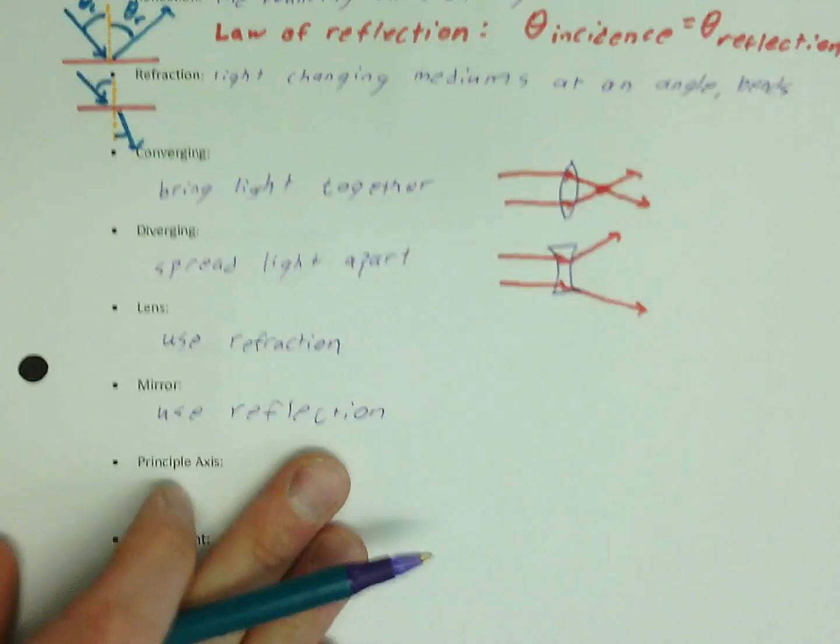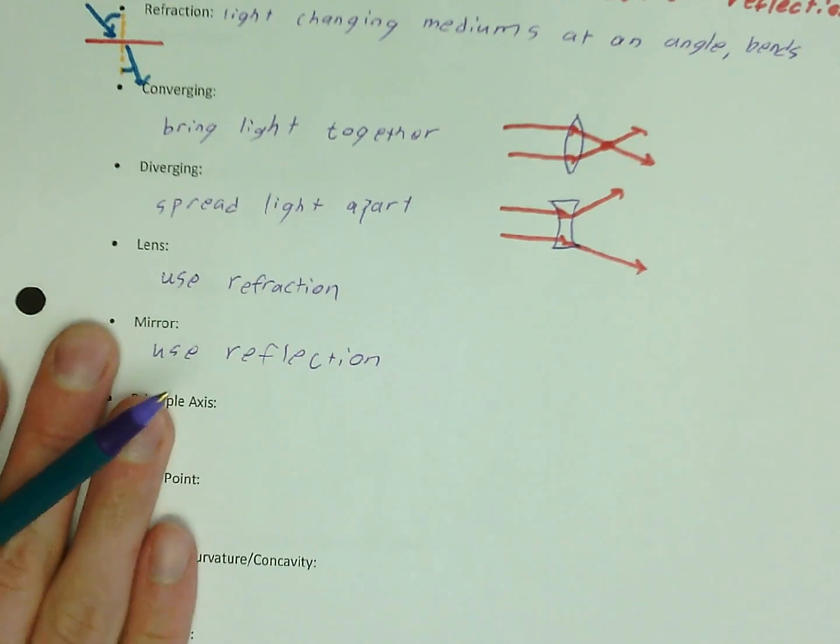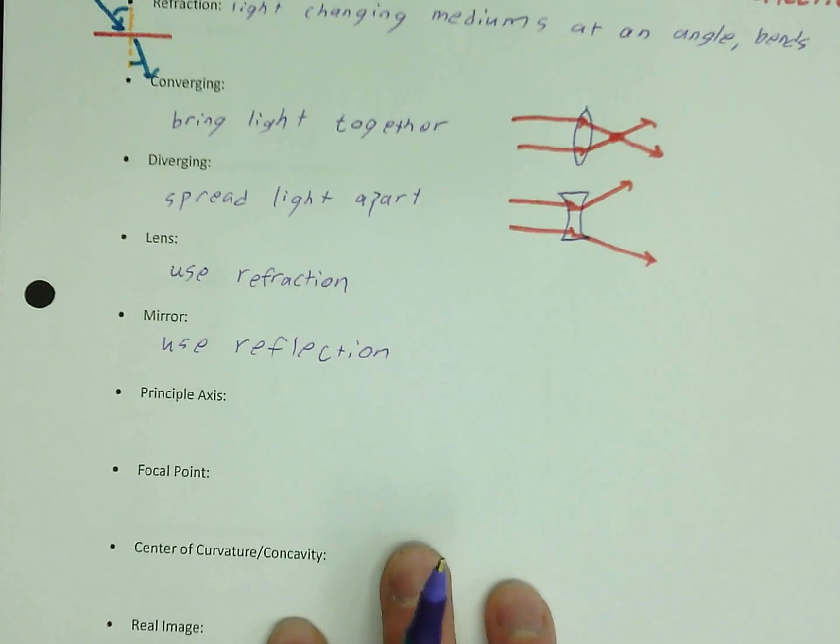Okay. Two things that you should know what they are. I'm going to show you them shortly, which will make more sense, but for right now, just to describe them.